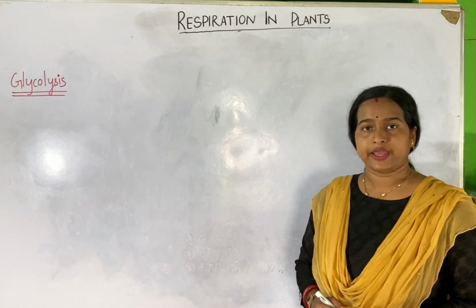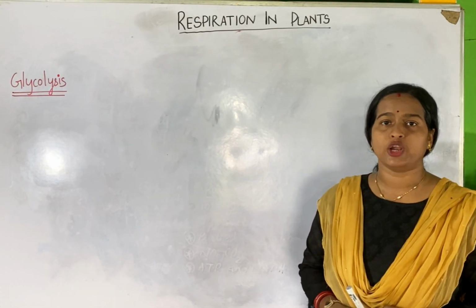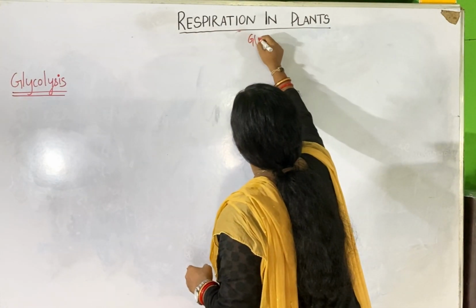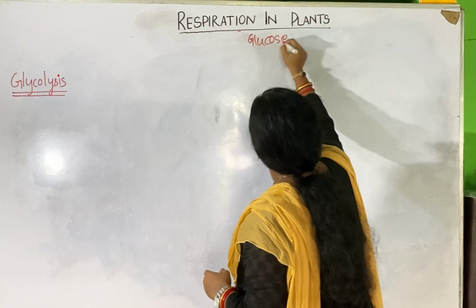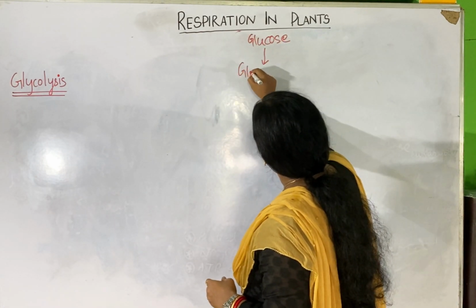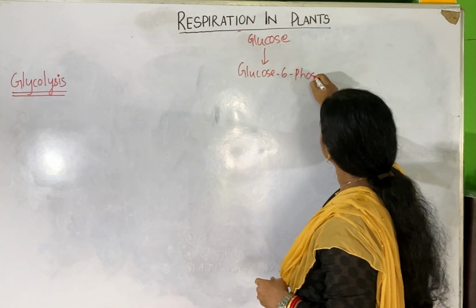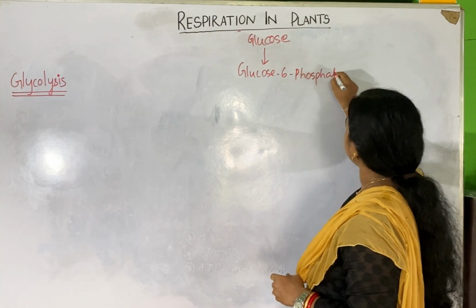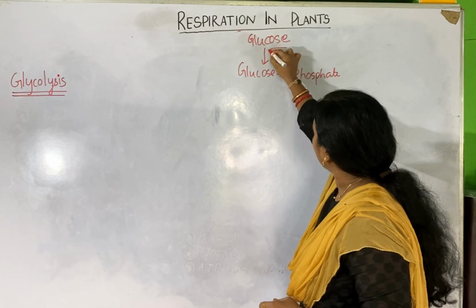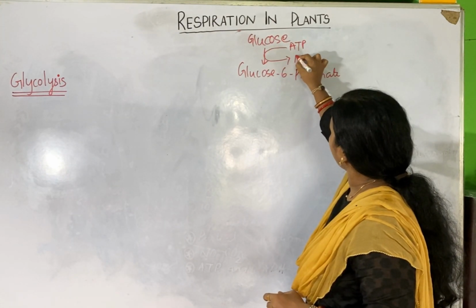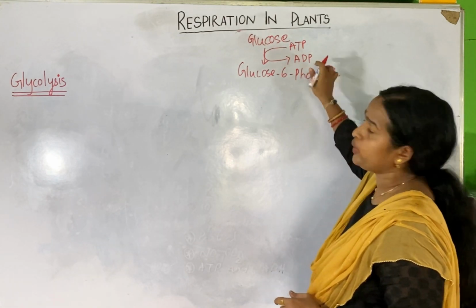So the first step is the conversion of glucose molecule into glucose 6-phosphate. The phosphate here will be provided by ATP, adenosine triphosphate, and it will be converted into ADP.